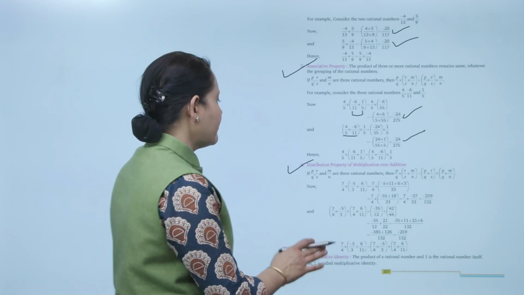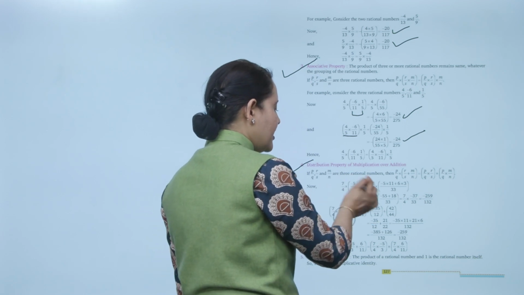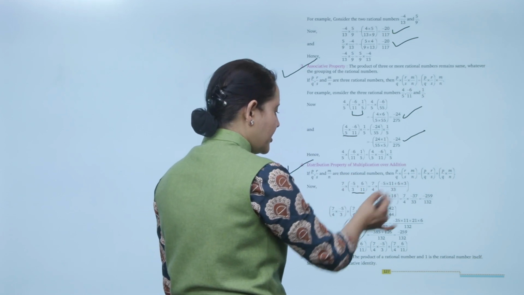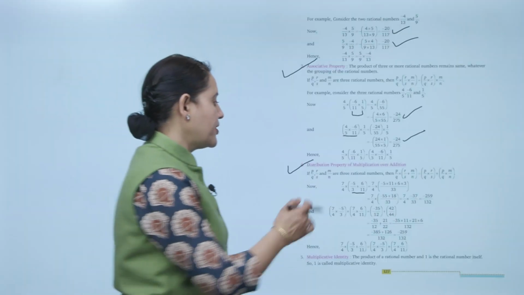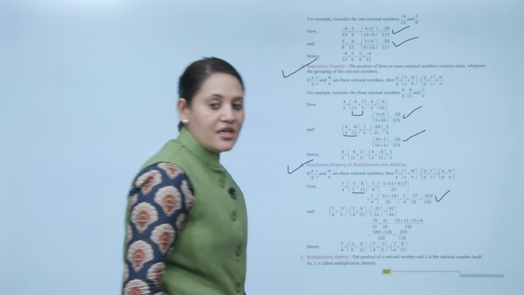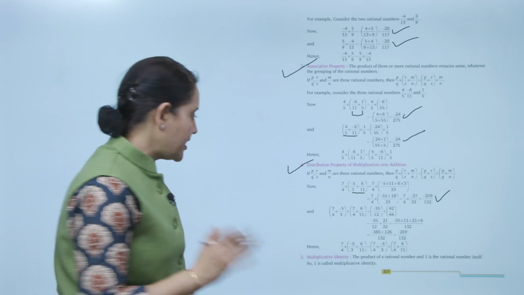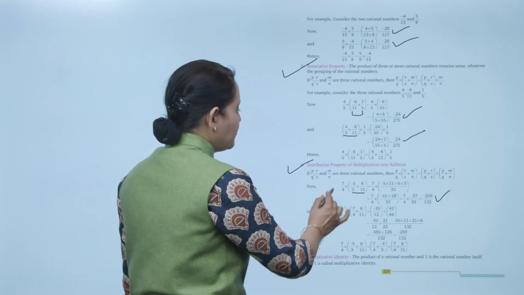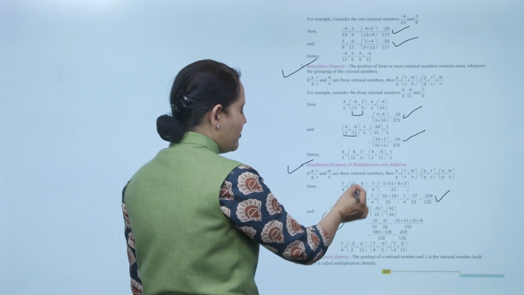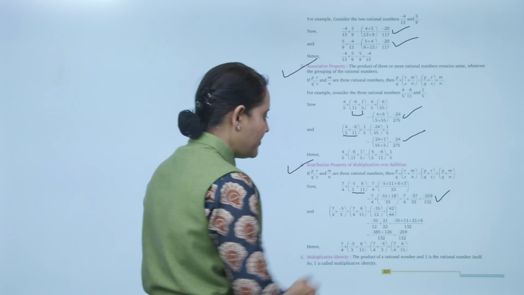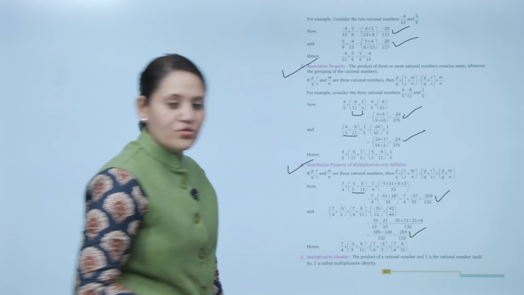So what have we done here? First we solved these two, added them, took LCM 33, solved it, so we get minus 37 upon 33. Then we multiply 7 by 4, so the product is minus 259 upon 132. Now we have used the distributive property of multiplication over addition. So what we have done here: 7 by 4 first multiplied by minus 5 by 3, plus sign, then 7 by 4 multiplied by 6 upon 11. We solved it, and the answer is again minus 259 upon 132.